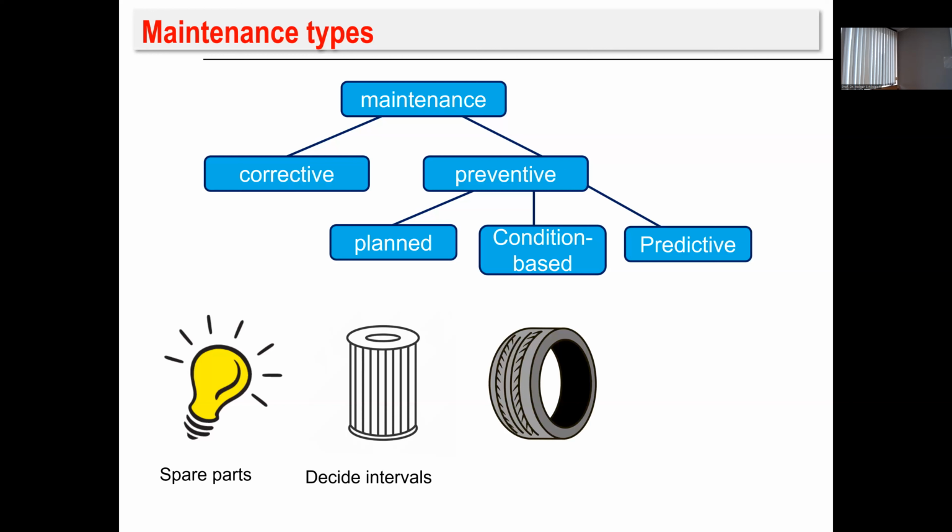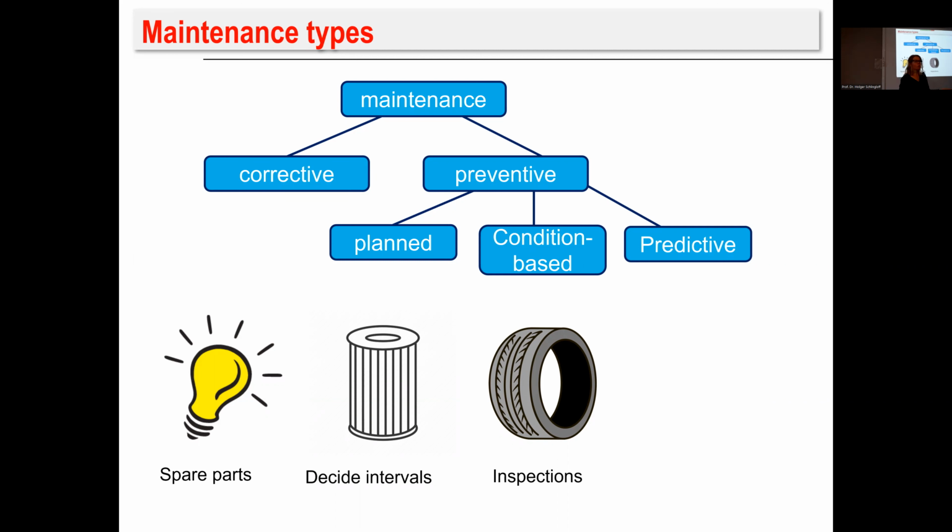Then there is condition-based maintenance. An example here is the tires of your car or of your bike. What you do is check the profile, and if the profile is still big enough, then you keep on riding. But if the profile is too small, then you replace it. And the question is then to decide on inspection intervals.